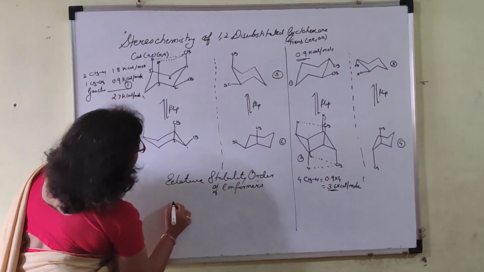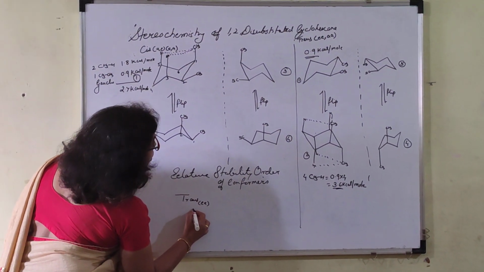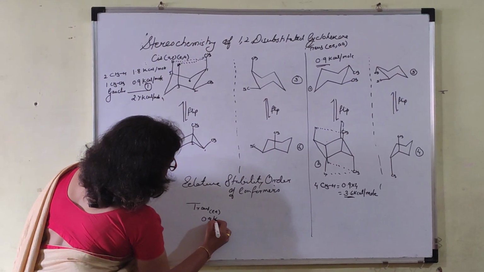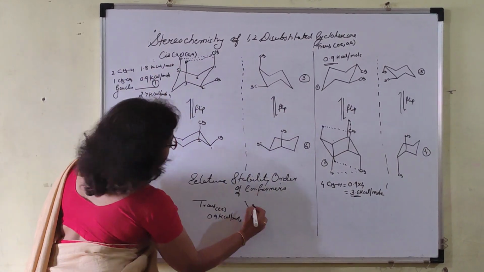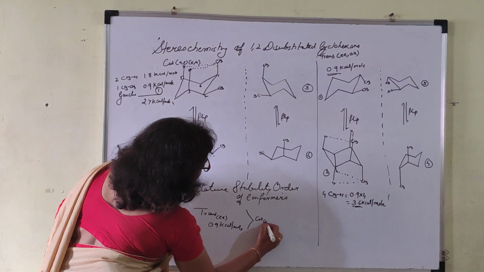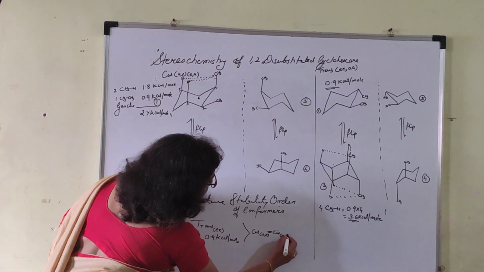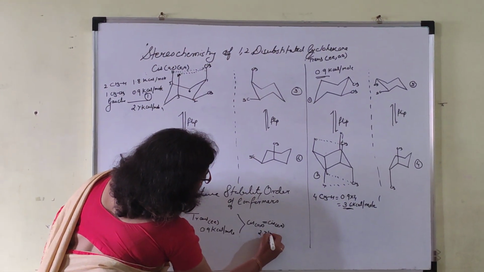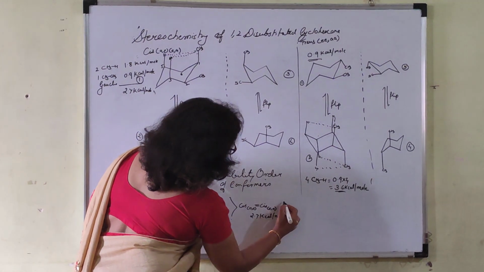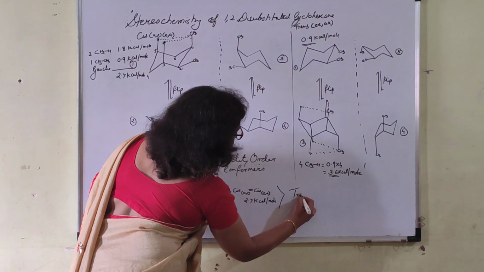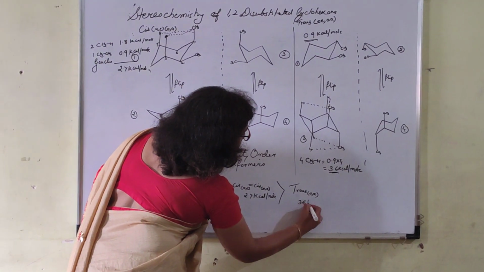So the most stable isomer is trans EE, contributing 0.9 kilocalories per mole, followed by the cis isomer, cis AE or cis EA, which has 2.7 kilocalories per mole, and the least stable is your trans AA, which has 3.6 kilocalories per mole.